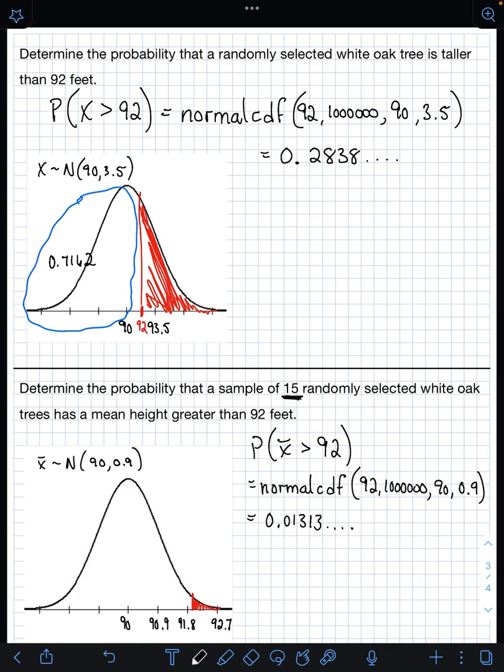That's pretty unlikely. Playing the odds here, if we pull a sample of 15 randomly selected trees, think expected value, I would think about 70% of those 15, or maybe around 10, 11 of those trees, are probably shorter than 92 feet.